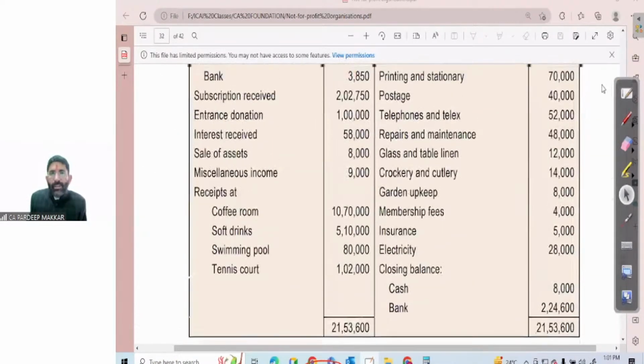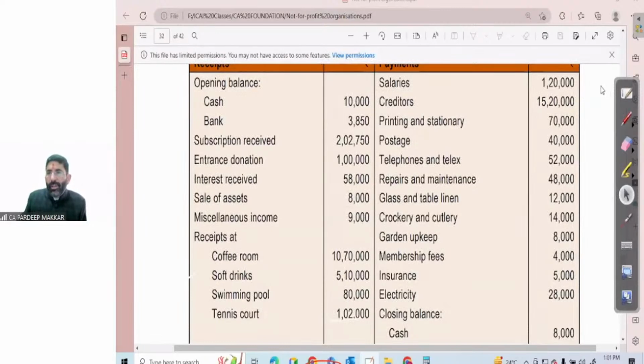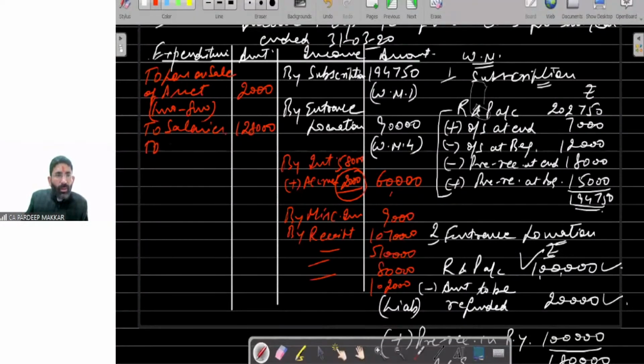The way is very simple: you must first see it, help me to do it, and then you may copy it. It will always be helpful. If you try to do it yourself, it will be difficult to understand the concept. So if you are interested in the concept, it will be better. So first, how much will be the printing and stationery? 70,000. Very good.